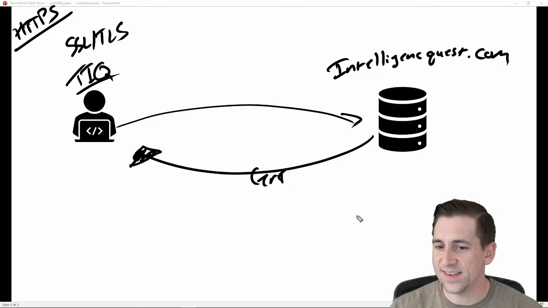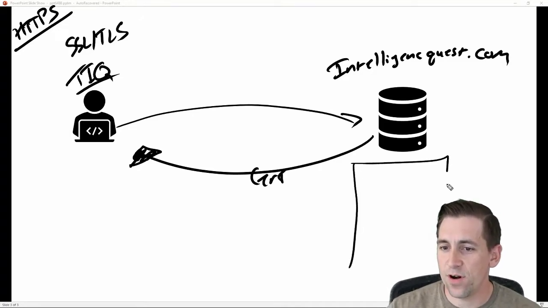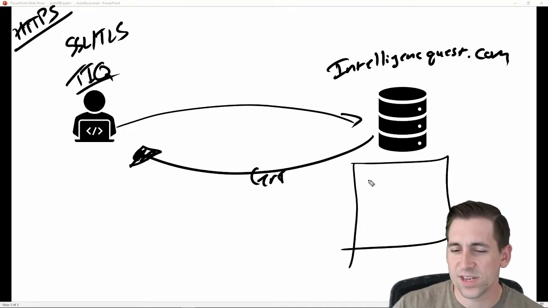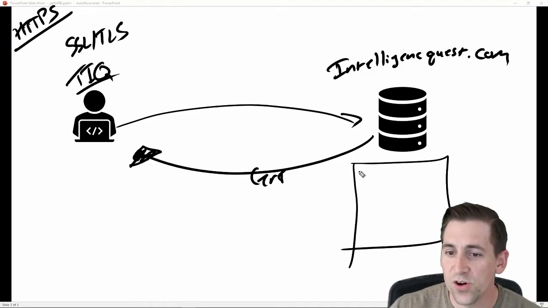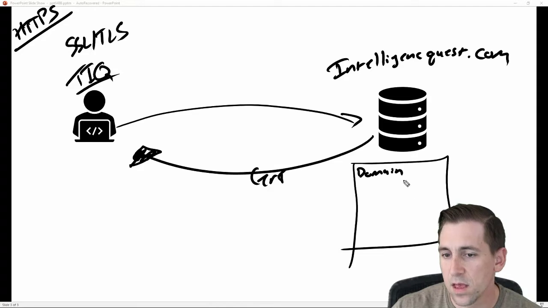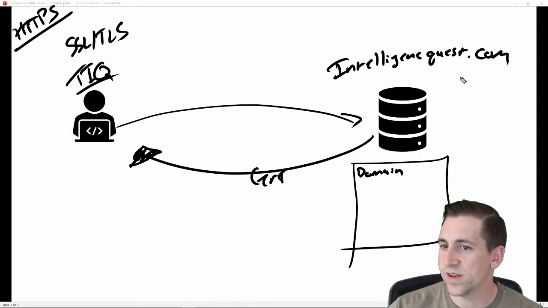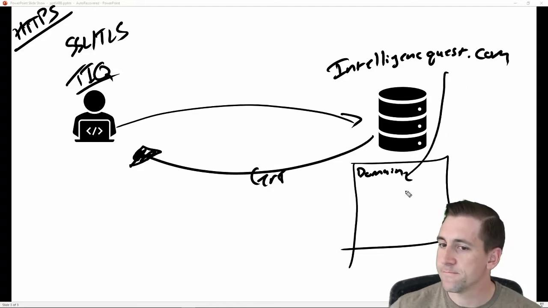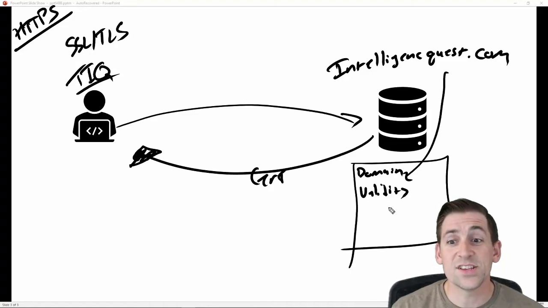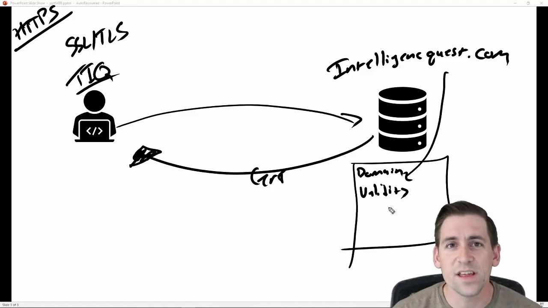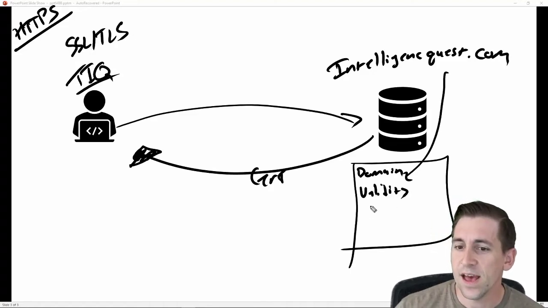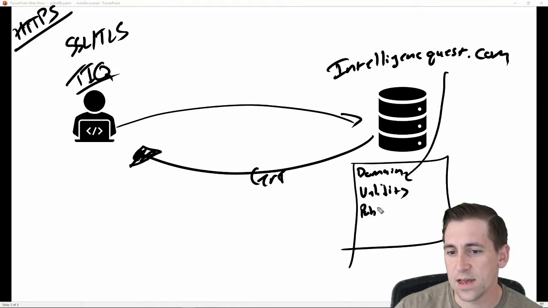What is contained in this cert? Again, remember, we talked about what's contained in the cert to some extent and what the purpose is, but who you are. So the domain, intelligencequest.com, is contained right here. Validity dates, something like 2 years is a very common validity range, as well as my public key. There's a few other things in here.